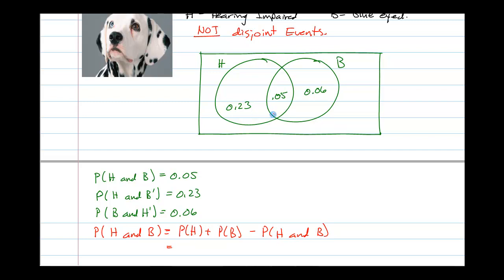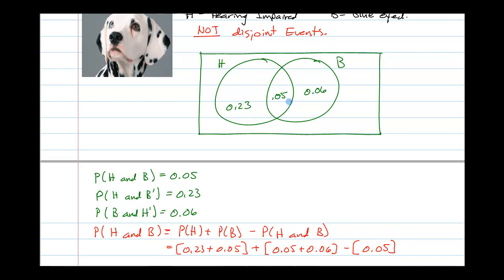So for hearing impaired, that piece right here would be 0.23 plus 0.05. The probability of being blue-eyed is 0.05 plus 0.06 because I'm adding up these probabilities. And then you notice we counted this 0.05 twice, so now I need to subtract one of those out.